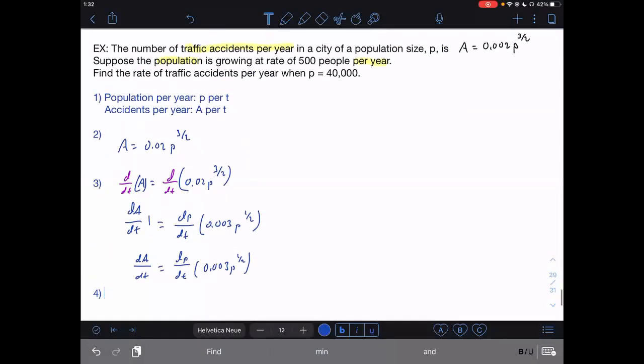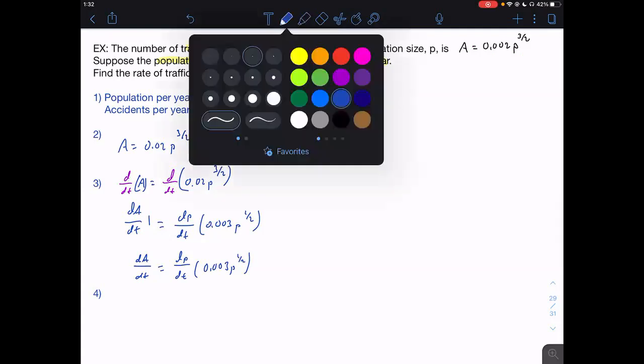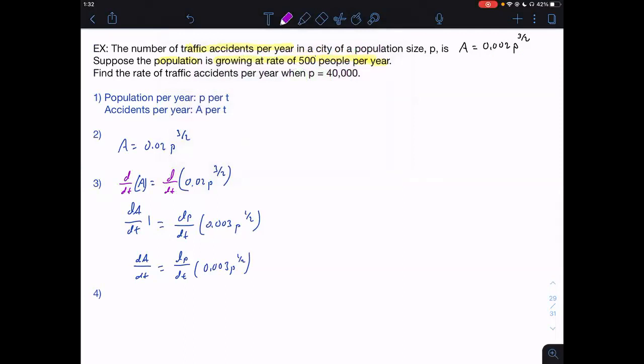So let's look at this problem here. It tells us the number of traffic accidents is given by this equation in terms of the population. Then in the second statement, it says suppose the population is growing at a rate of 500 people per year.